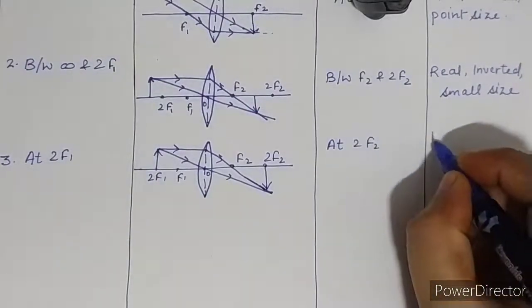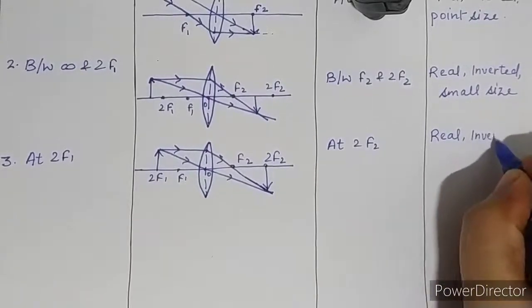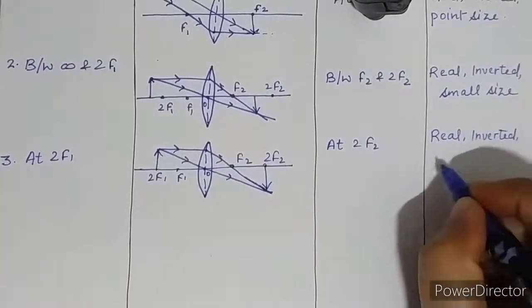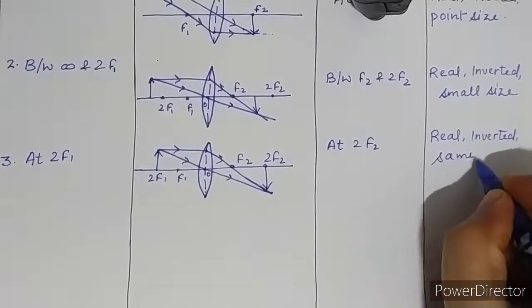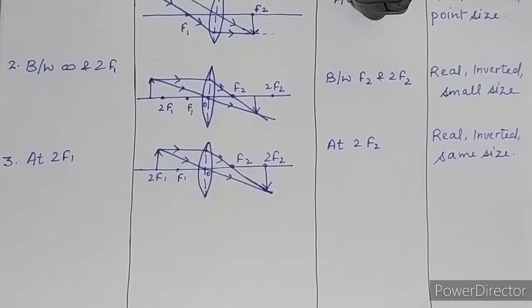It is also real, inverted and of the same size. Here in the diagram, you will not see the same size, because I have not made this diagram with the help of a scale. If you draw with a scale, you are able to draw the correct diagram.